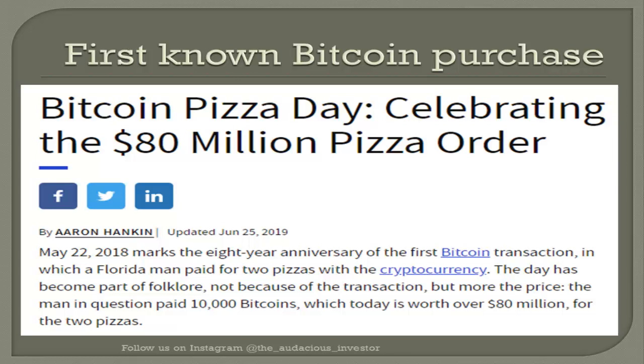I'm not sure which year exactly, whether it was in 2009, and they spent about 10,000 bitcoins. Obviously, at the time, a bitcoin was probably worth next to nothing, a cent.